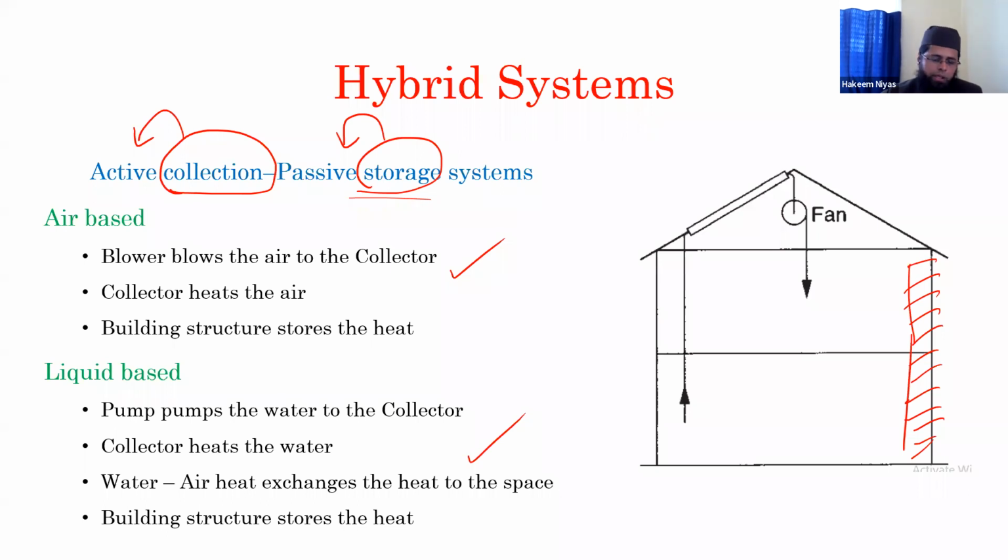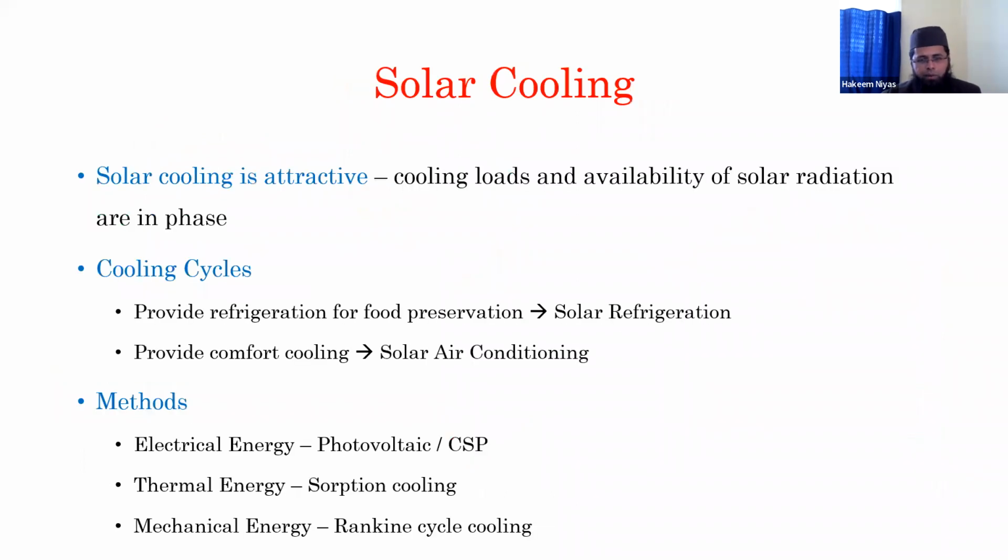Now, what I have talked about as of now is solar-based heating. I have just one slide on this part, and I don't want to take much time on it. Solar cooling is also possible. We all know that the solar radiation intensity starts low like this and is high in the afternoon, near noon, before and after noon.